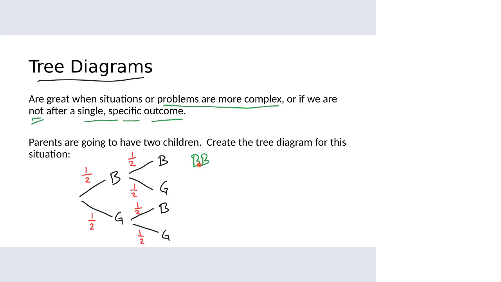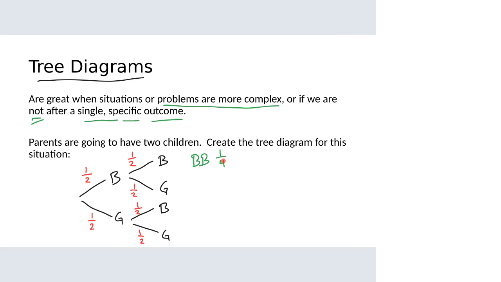And the probability of ending up with two boys is what we get when we multiply the probabilities along that path. These are successive events. We had a boy, now we're having another child, it's a boy. We multiply those probabilities together just like we've done up to now. 1/2 times 1/2 gives us a probability of 1/4.